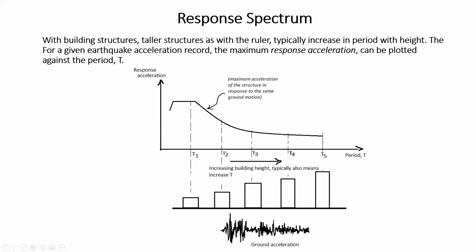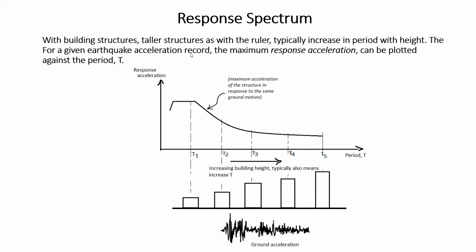Okay, response spectrum. And we've talked a little bit about this before we went for a break. With building structures, taller structures, as in the case of the ruler, typically increase in period with height.